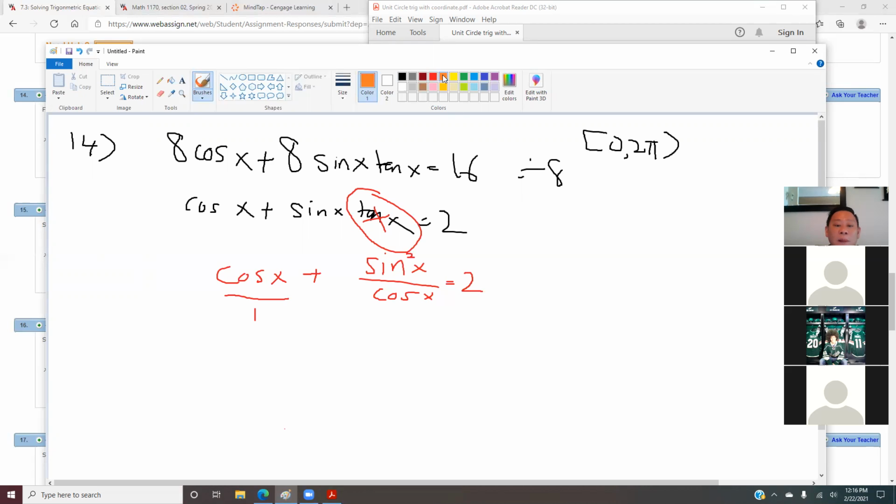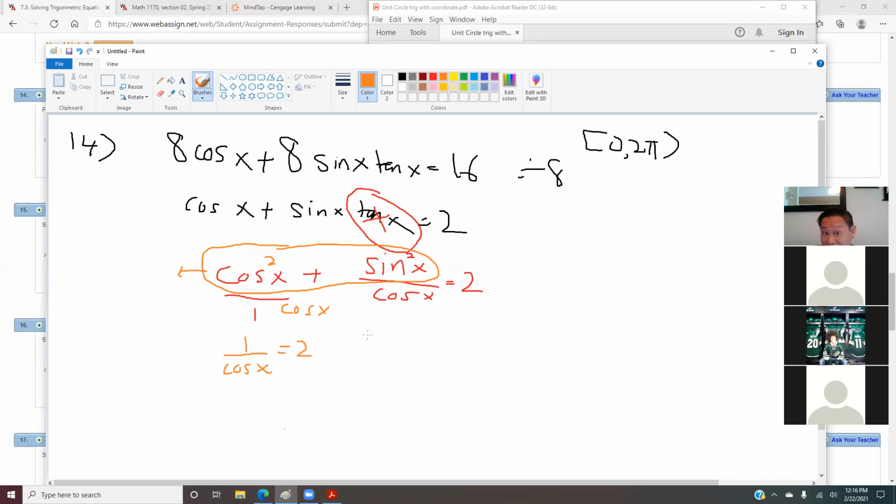So we want to multiply this by cosine x, so they are the same. But when you multiply cosine x times cosine x, you get cosine square x. Now, since they have the same common denominator, the LCD, we can combine them. Can someone tell me what is cosine square x plus sine square x? 1. So this is 1 over cosine x equals 2.